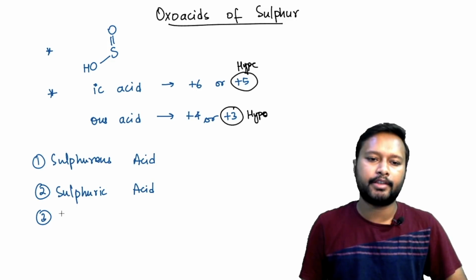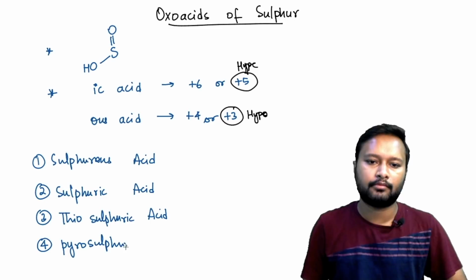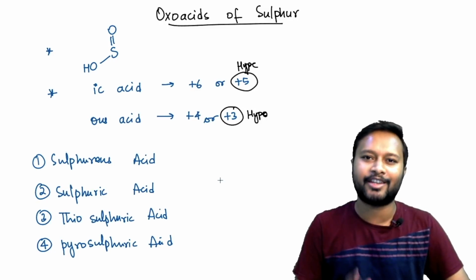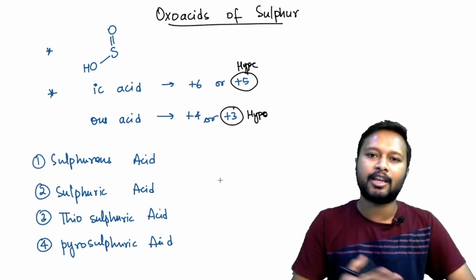The third series is the thiosulfuric acid series, and the fourth series is the pyrosulfuric acid series. And we are going to find out 11 different oxoacids of sulfur here.